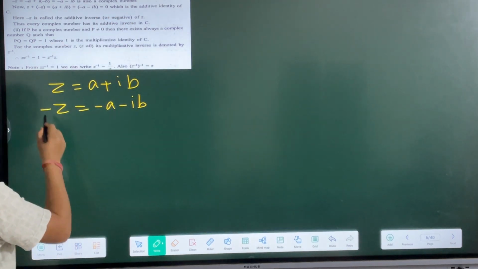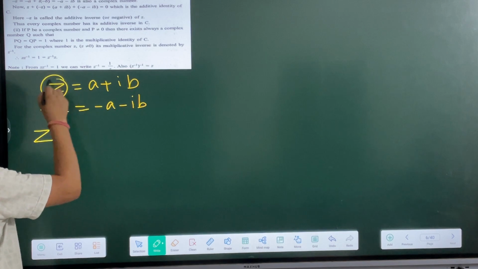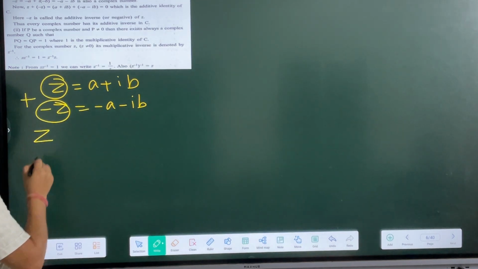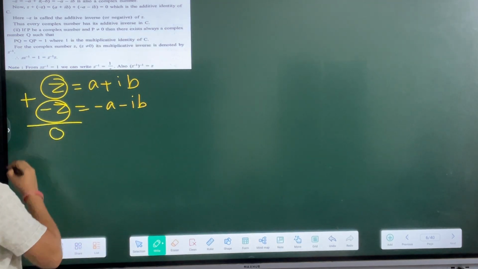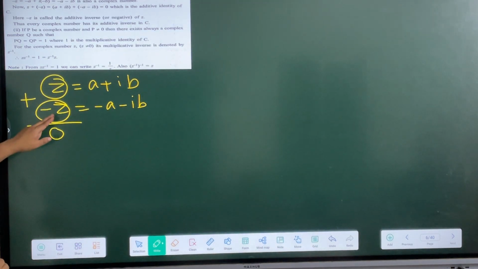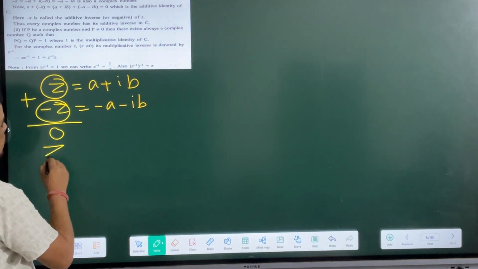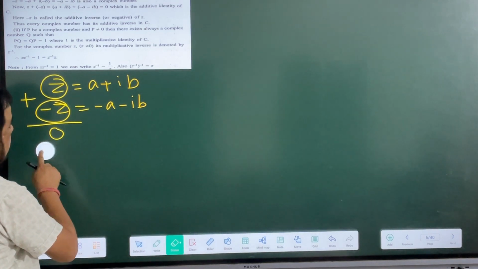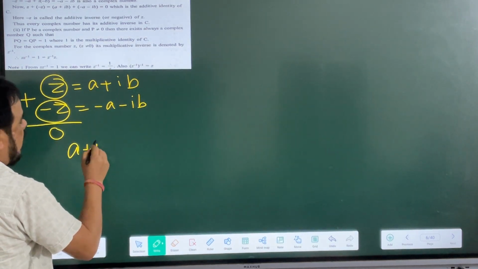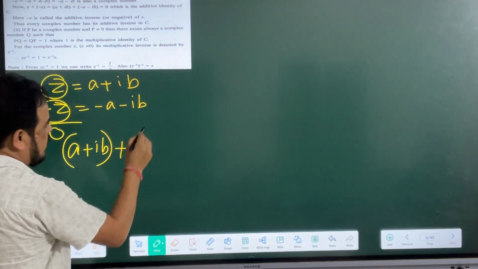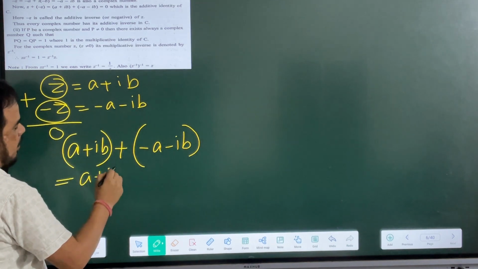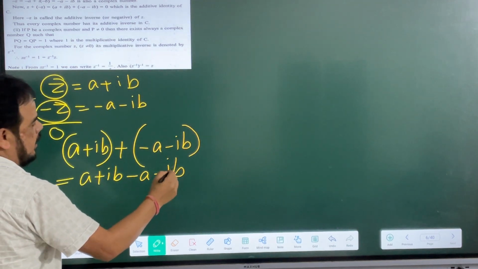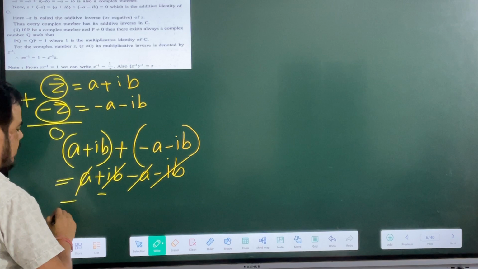What does it mean? It means that this one and this one, if you add, we will get 0. Z and minus z, if we add, we will get 0. We can write it this way: a plus ib plus minus a minus ib. Break the bracket, so they cancel and it will be 0.